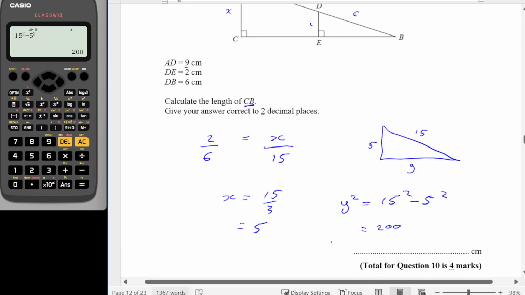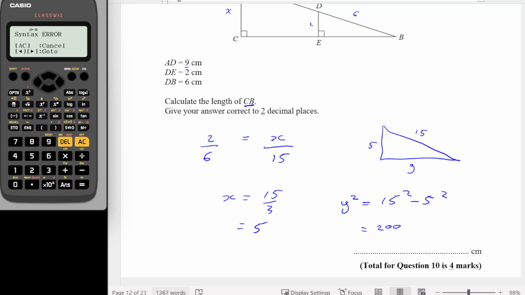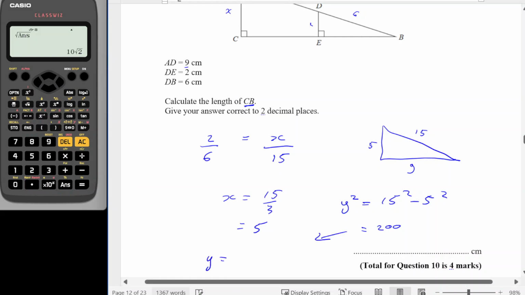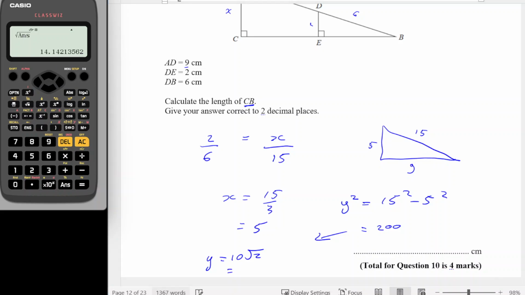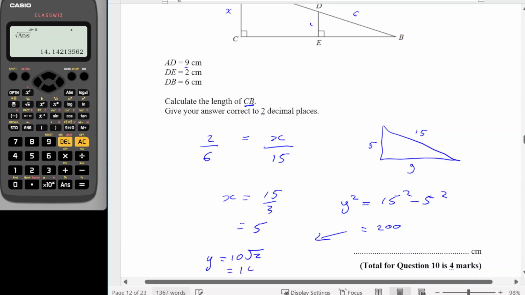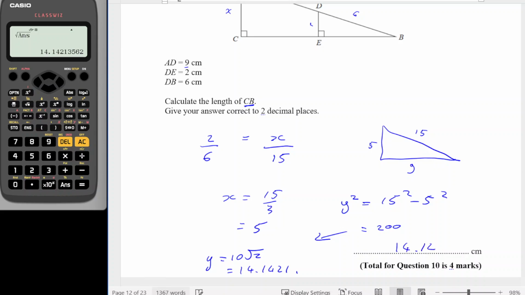So the square root of that is going to be 10 root 2. Y is equal to 10 root 2, which as a decimal would be 14.142..., so to 2 decimal places that's going to be 14.14.